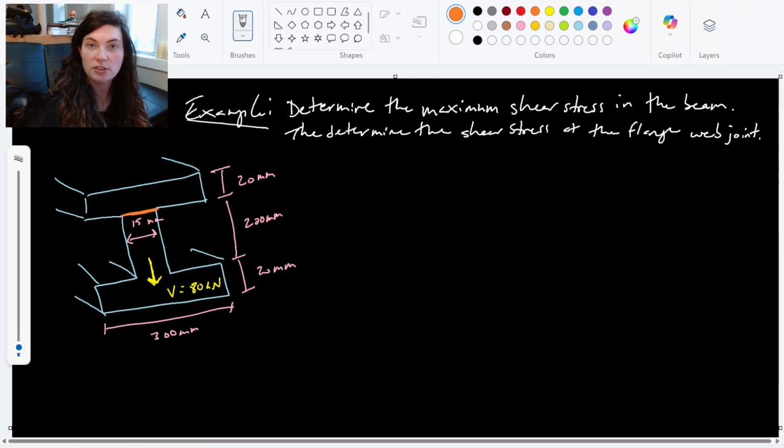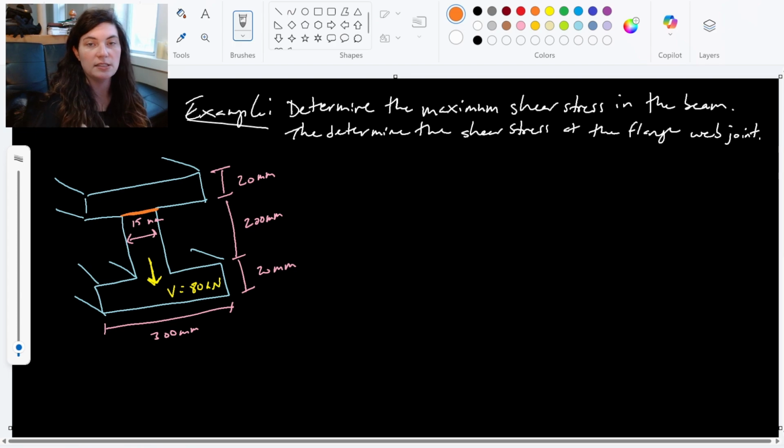So again, the max shear stress always occurs at the neutral axis, at the centroid. Looking at what we're given with this little I-beam cross-section, we have 20 millimeters, then 200 millimeters, and 20 millimeters. So this is a perfectly symmetrical I-beam.